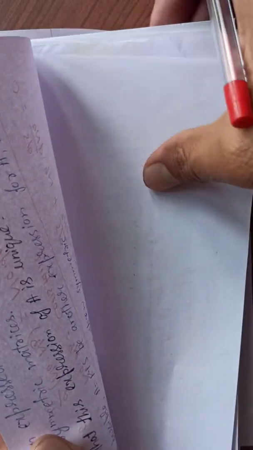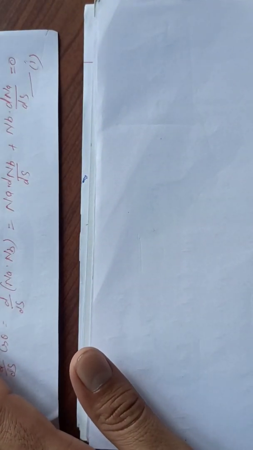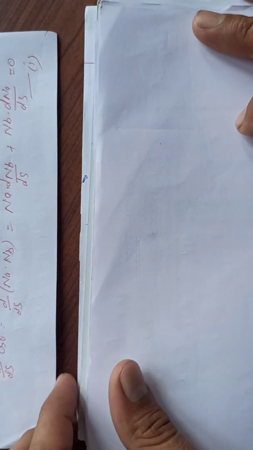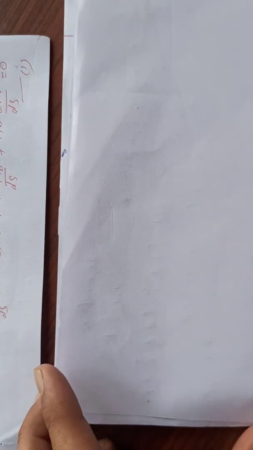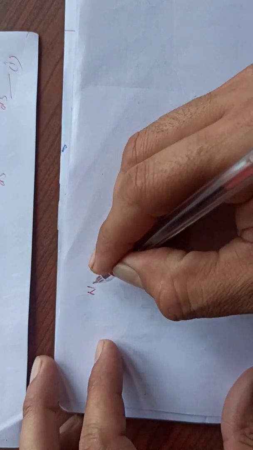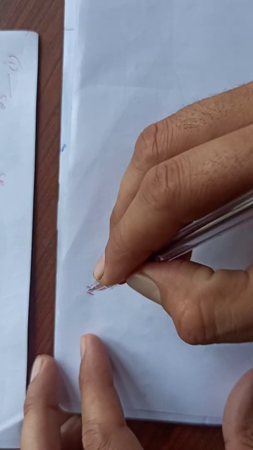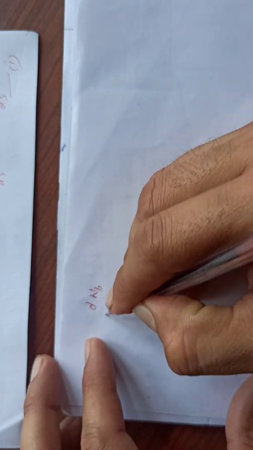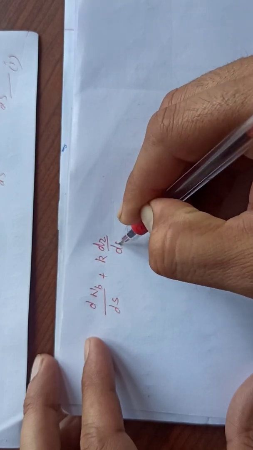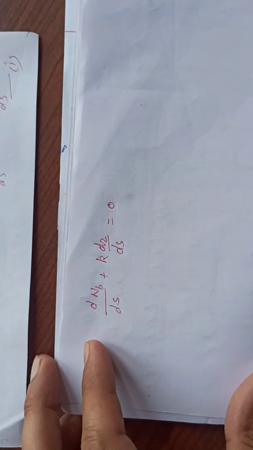We are also given that this curve C is a line of curvature to one of the surfaces. Without loss of generality, let us consider that this C is a line of curvature on the surface S1. Then by the Rodrigues formula, we have dN by ds plus k dr by ds will be equal to 0.